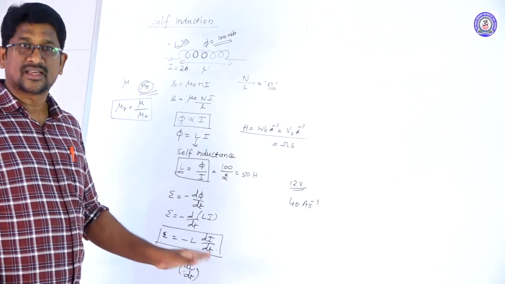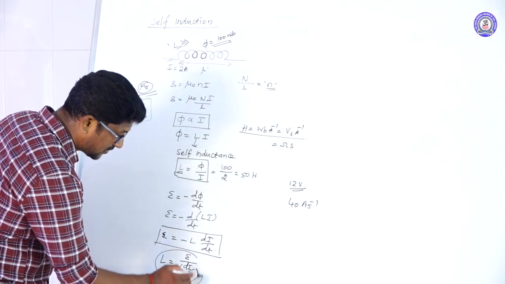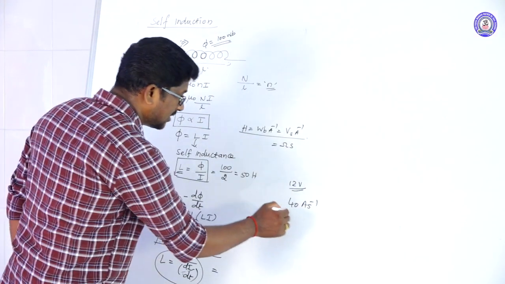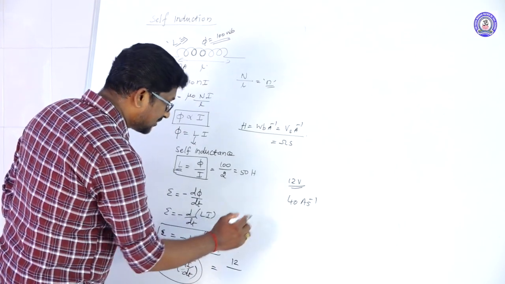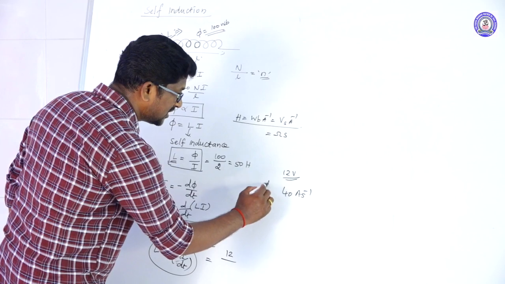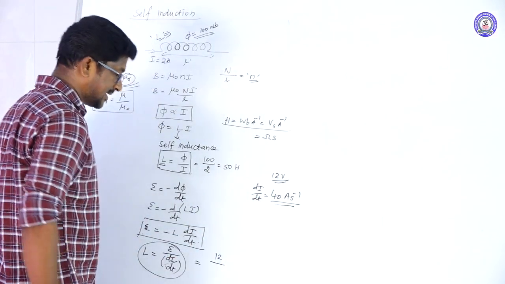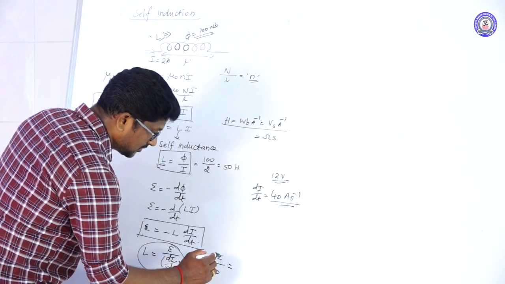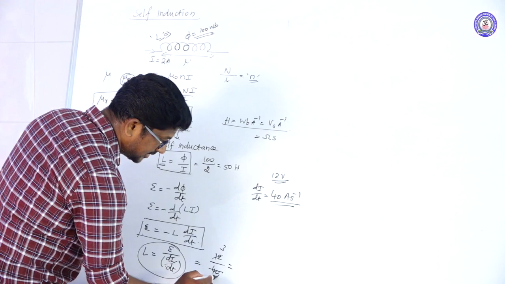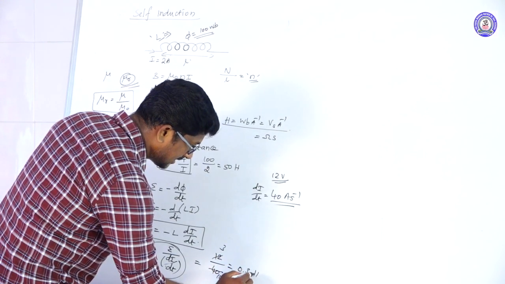Suppose the question is asked like this. Then the coefficient of self-induction can be calculated by using this formula. The magnitude of induced EMF is 12 volts and the rate of change of current, di by dt, is 40 ampere per second. So 12 divided by 40 is 3 divided by 10, that is 0.3.